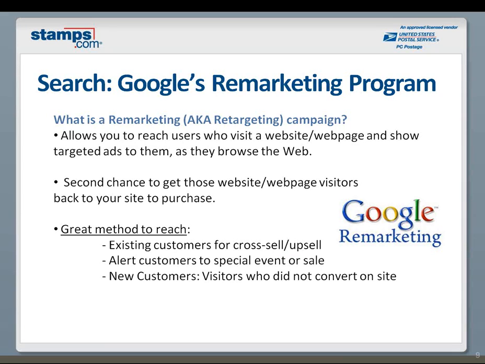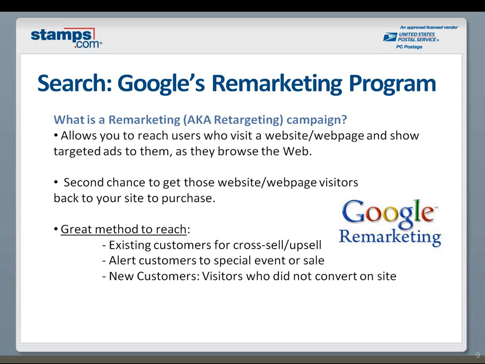All right, let's go to our next topic for reaching existing customers. And that's going to be using paid search in Google. Google introduced a new targeting program about a year back called Remarketing. This technology has been around for quite a while, about 5 years or so, and most other ad networks call it retargeting campaigns.